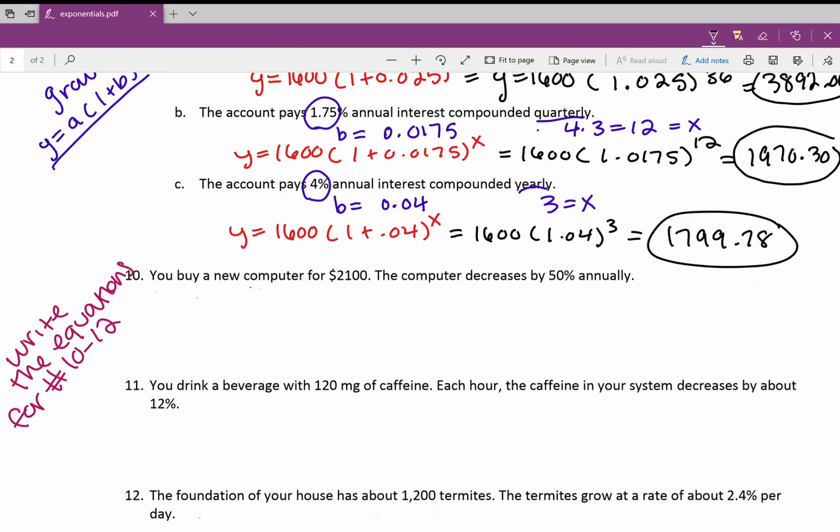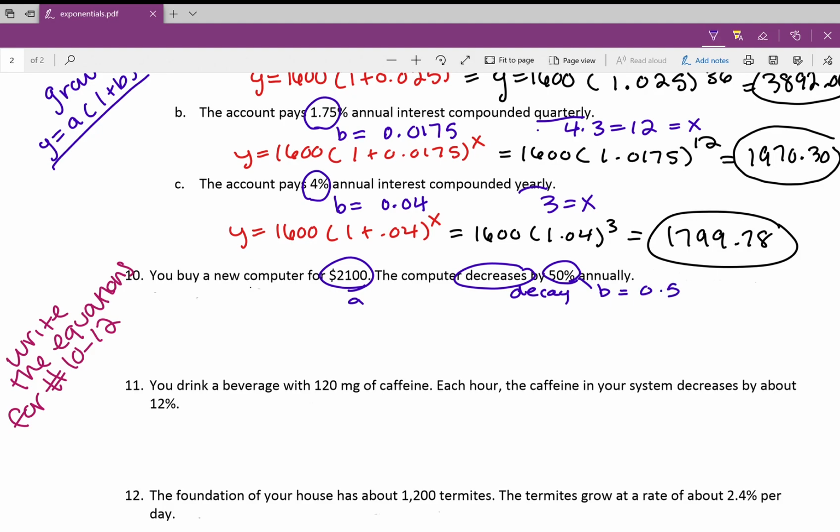Okay, so number 10 says you buy a new computer for $2,100. The computer decreases by 50% annually. Decreases tells us it's a decay. Okay, now tell me what this formula would be after you label everything. So you should have labeled 2,100 as A, because that's the starting value, and this 50% as B, but if we turn 50% into a decimal, it would be 0.5.